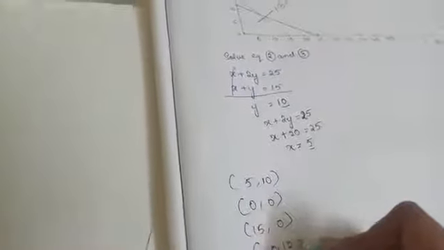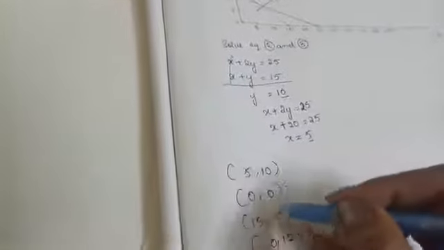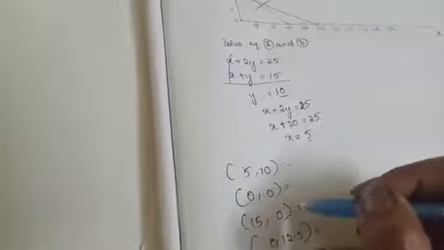Let's write it down first. 0, 0. 15, 0. And this one will be 0, 12.5. What I'm going to do, these all are x, these all are y, isn't it?